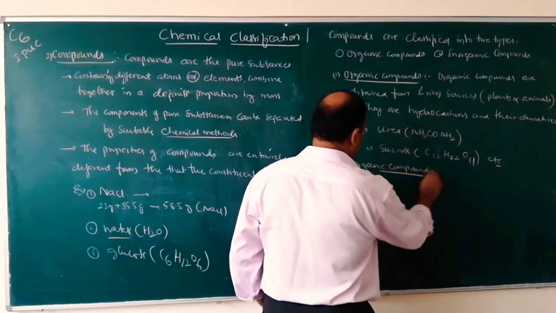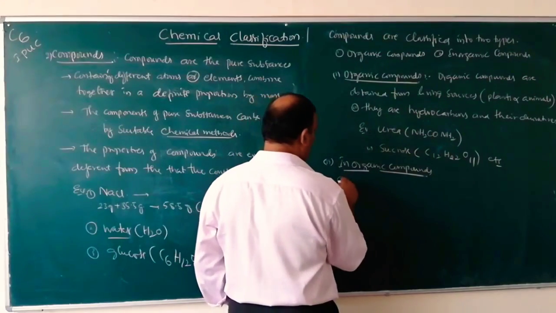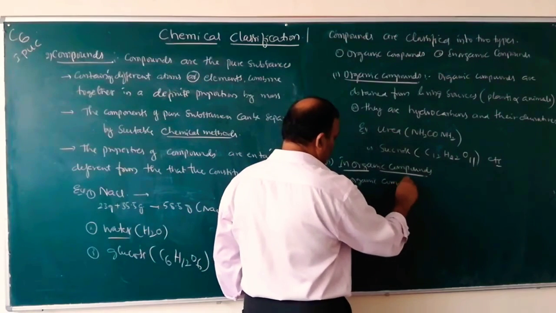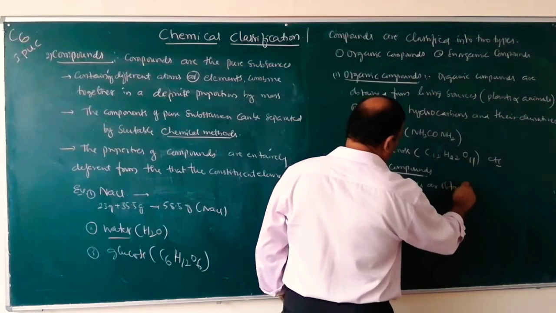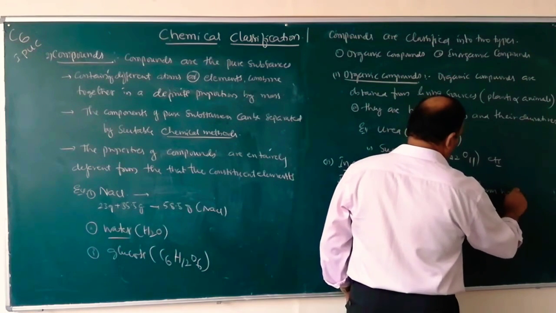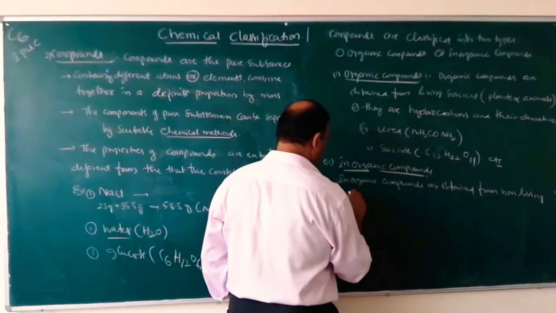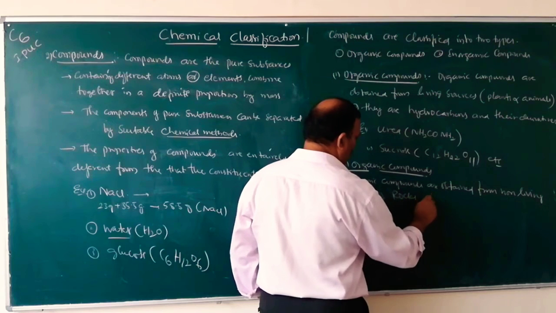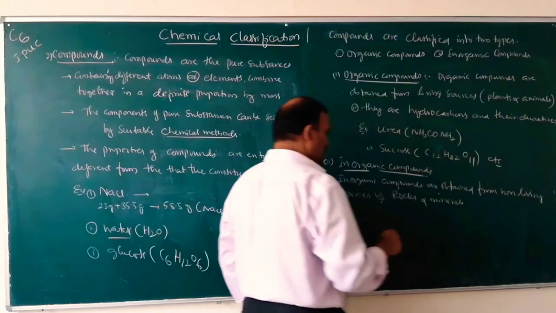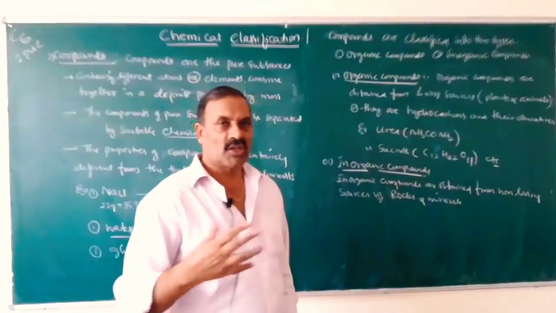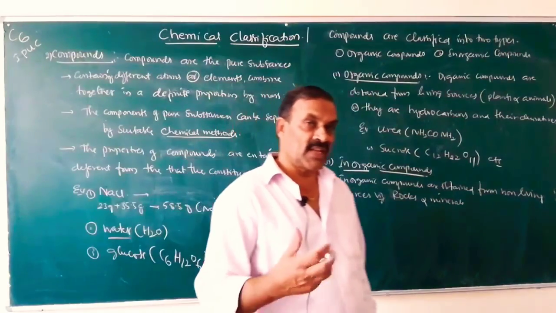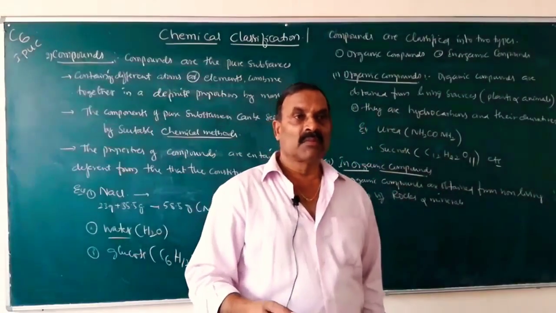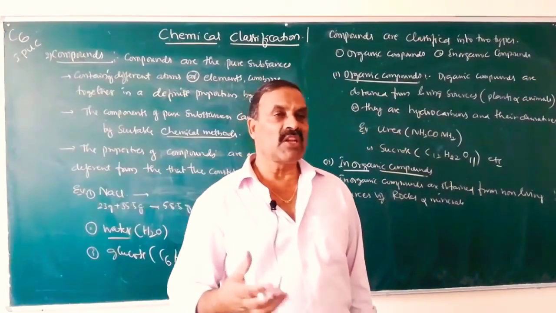What are inorganic compounds? Inorganic compounds are obtained from non-living sources, namely rocks and minerals, etc. For example, iron is obtained from hematite ore, Fe2O3.